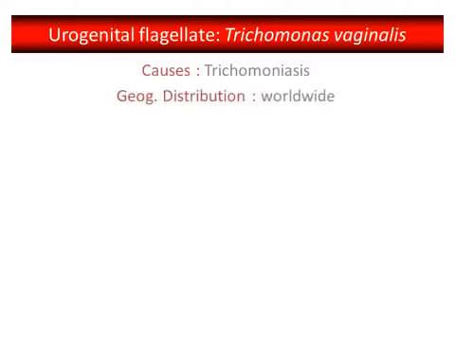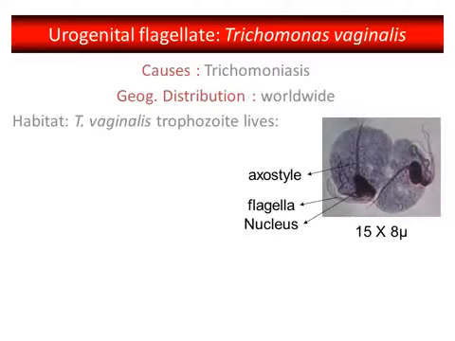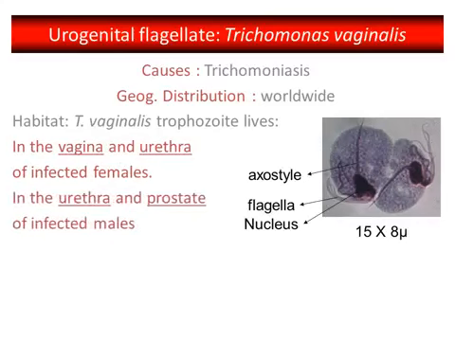Urogenital flagellate Trichomonas vaginalis causes trichomoniasis. The habitat: the trophozoite of this parasite lives in the vagina and the urethra of infected females, and in the urethra and the prostate of infected males.